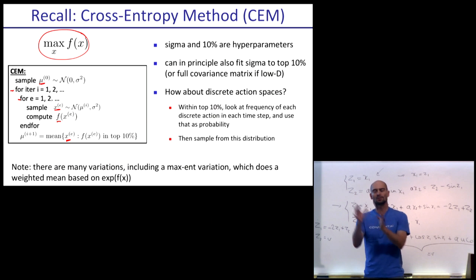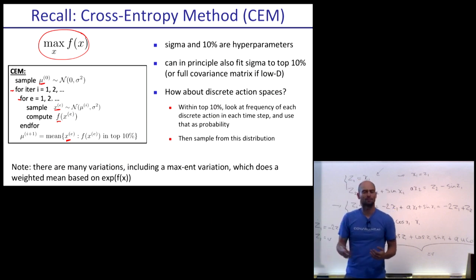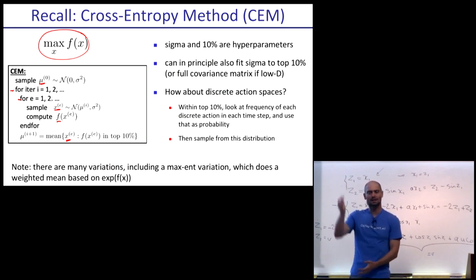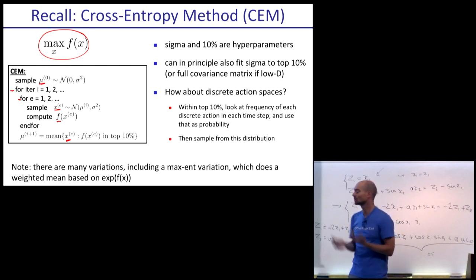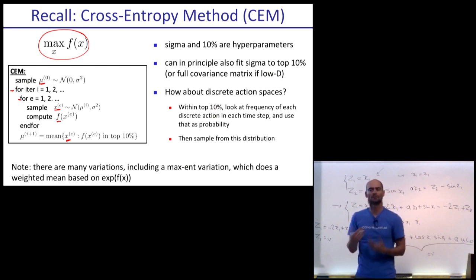And that's where we're going to reposition the mean of our Gaussian, and we repeat. Very simple process. All you need to be able to do is just sample from a Gaussian, evaluate your function a few times, rank them, find the top 10%, average the location of those, and repeat. It actually works surprisingly well. So highly recommended to always try whenever you're doing any kind of optimization.